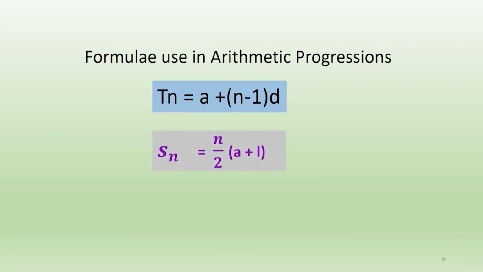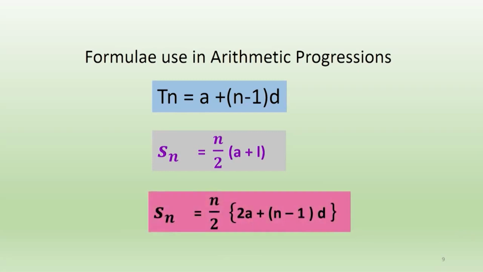Second, Sn equals n over 2 times (a plus l). The other one, Sn equals n over 2 times (2a plus (n minus 1)d). Then I am going to do a few sums using these 3 formulae. If you practice these 3 formulae, you can do the sums very easily.